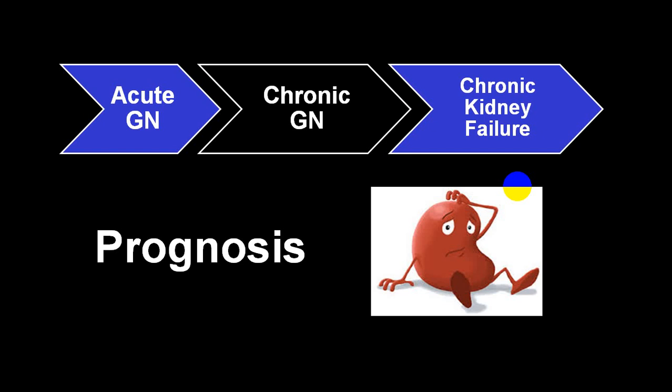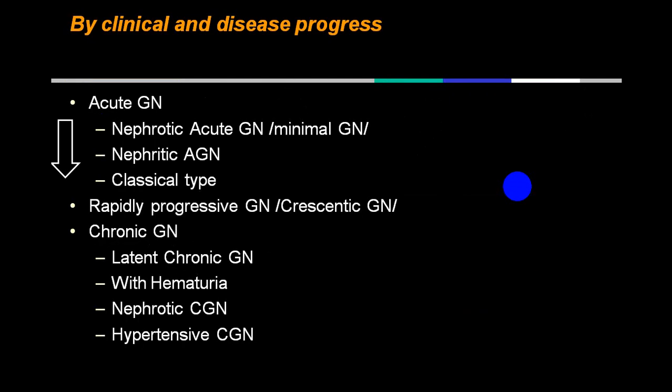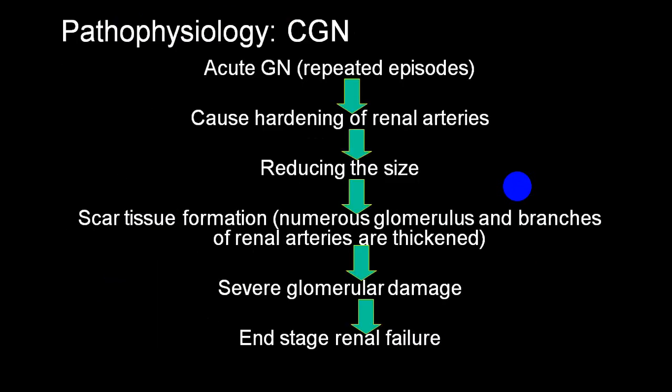Acute glomerulonephritis will progress into chronic glomerulonephritis, and then it will go into CKD. So usually acute glomerulonephritis may progress into either a rapid variety or a chronic variety. Depending upon the severity, the person will present as rapidly progressive or chronic glomerulonephritis.